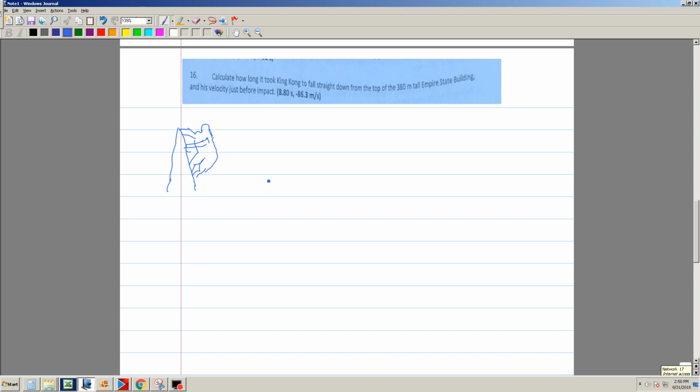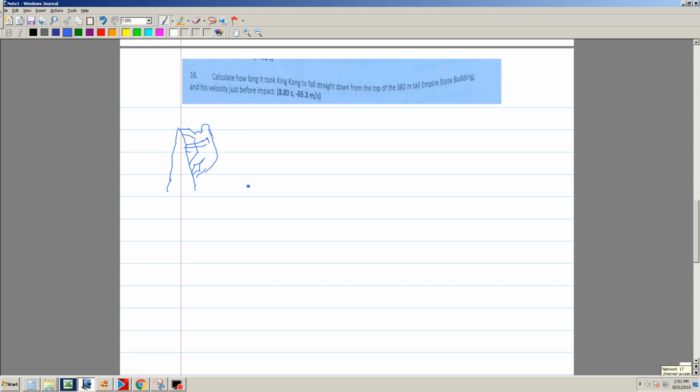Okay, and calculate how long it took King Kong to fall straight down from the top of the 380-meter tall Empire State Building and his velocity just before contact.